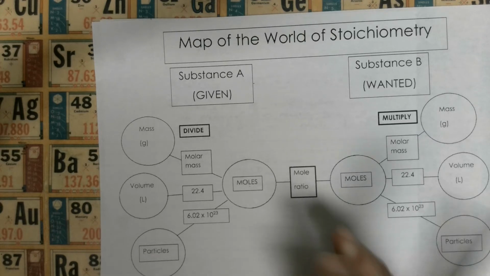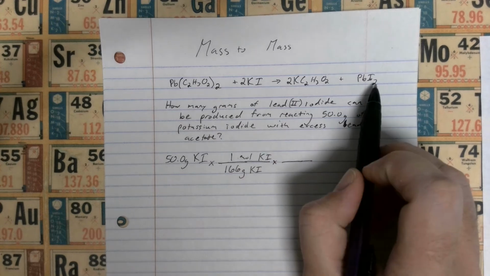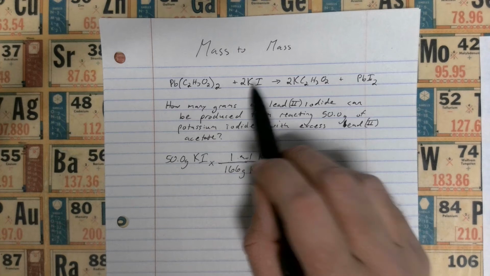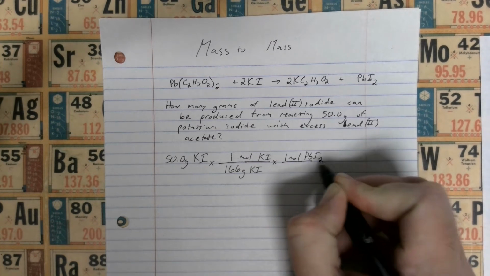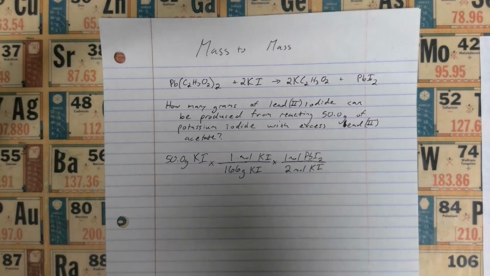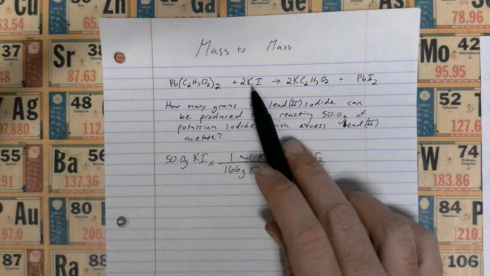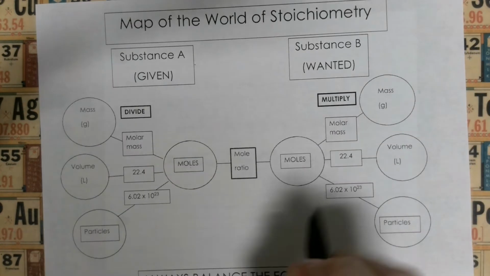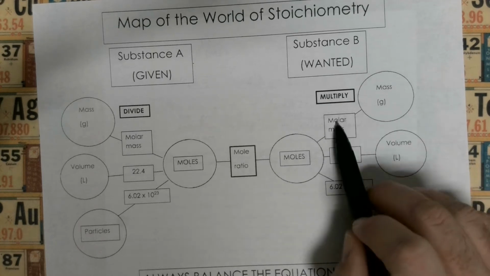Now we need to do the mole ratio. So the mole ratio between KI and lead 2 iodide is 2 to 1, and we want wanted over given. So our wanted is the 1 mole of PbI2, over 2 moles KI. Again, mole ratio is always the wanted over the given. Okay, so that gets us to moles of our wanted. Now I'm trying to get to the mass, so I need to multiply by the molar mass.